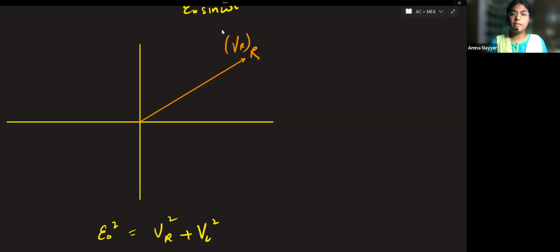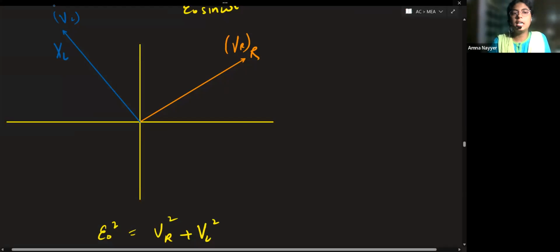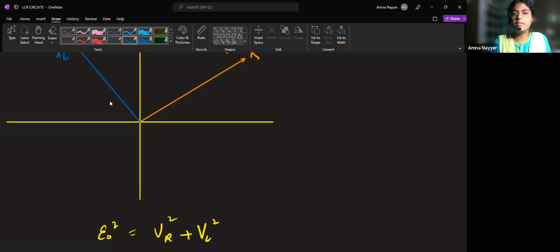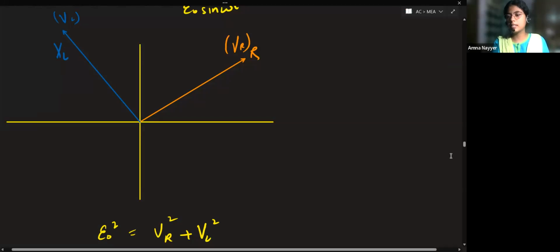For LR, wherever you are not able to understand, please stop me. And for the inductor, this will be VL, and XL for the resistance you can mention. Fine. If you do the derivation, it becomes easier than your derivation for the LCR circuit, so it will also become a revision for the LCR circuit with just a deletion of the capacitor component.